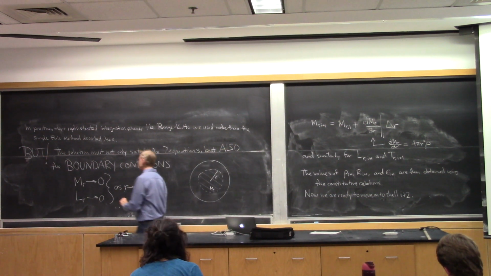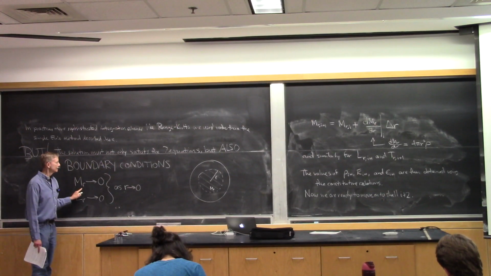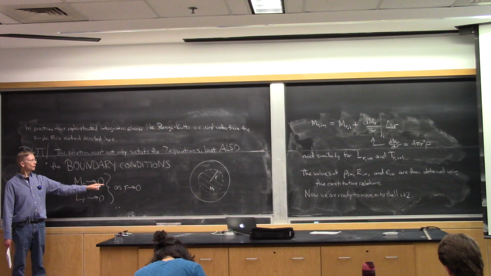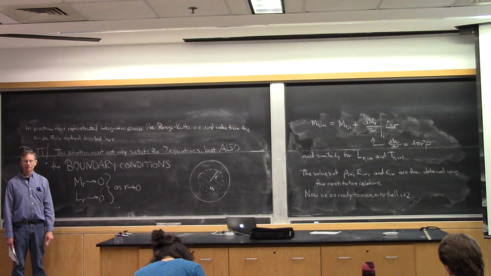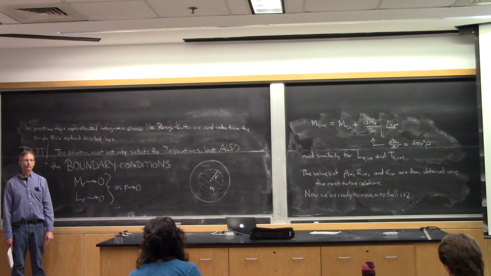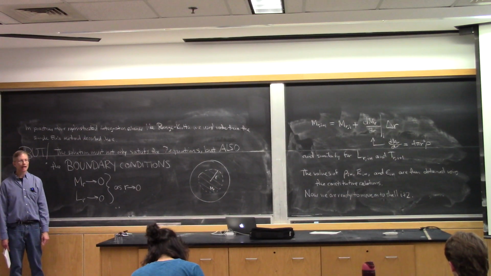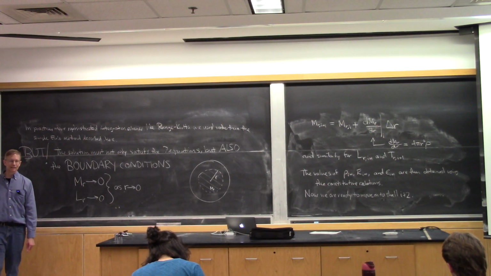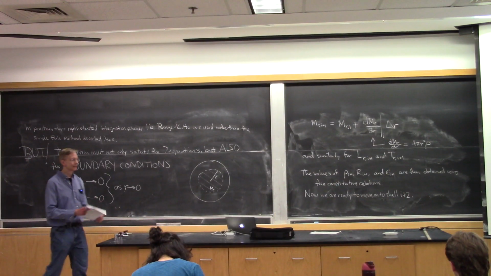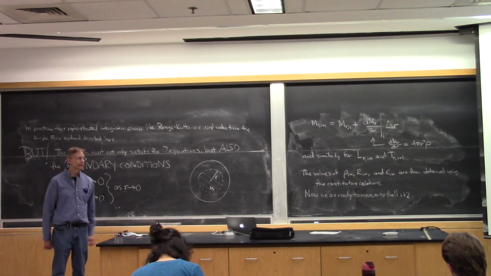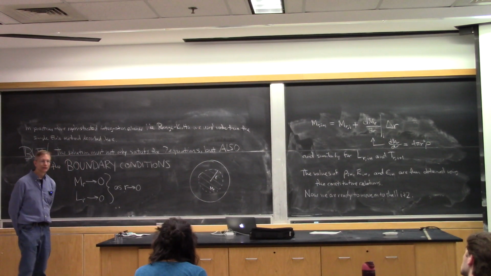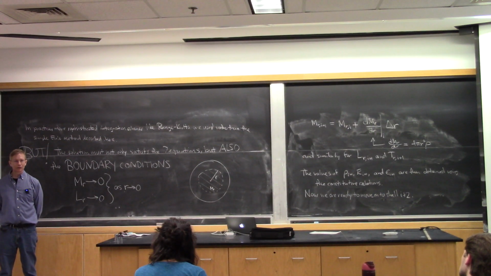So why should the function m sub r become 0 when r becomes 0? Why is m sub r for r equals 0 equal to 0? Why physically does that have to be true? And it's not particularly profound. So why should the mass interior to radius r go to 0 when r goes to 0?